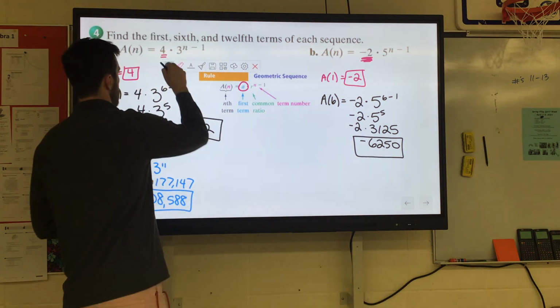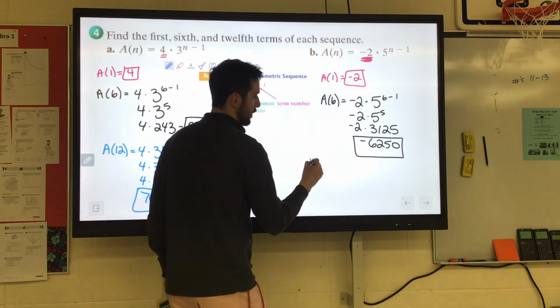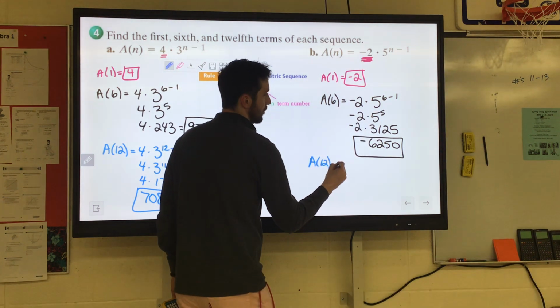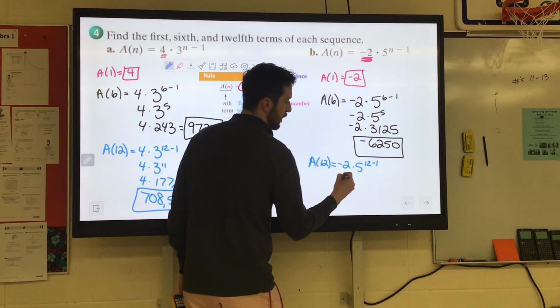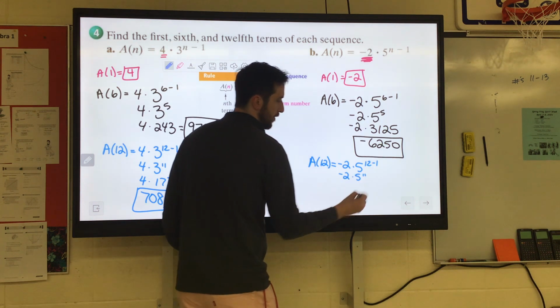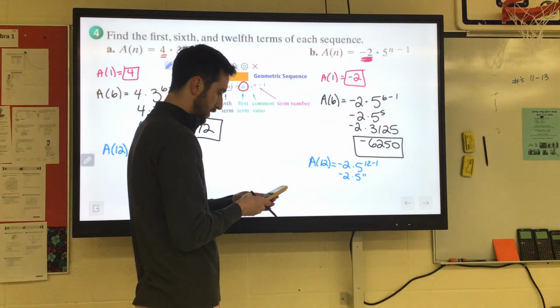And now we're going to find the 12th term. We're going to sub in 12. A of 12 equals negative 2 times 5 to the 12 minus 1. Negative 2 times 5 to the 11th. Whew, that's going to be gigantic.